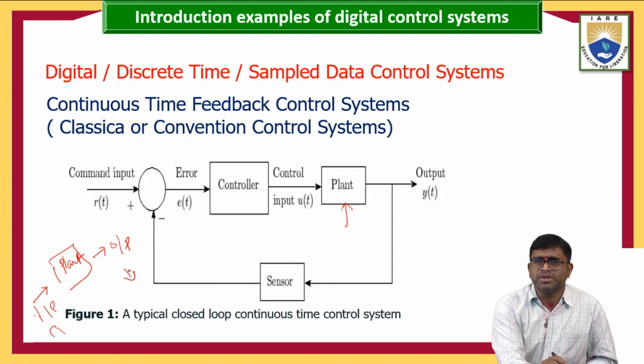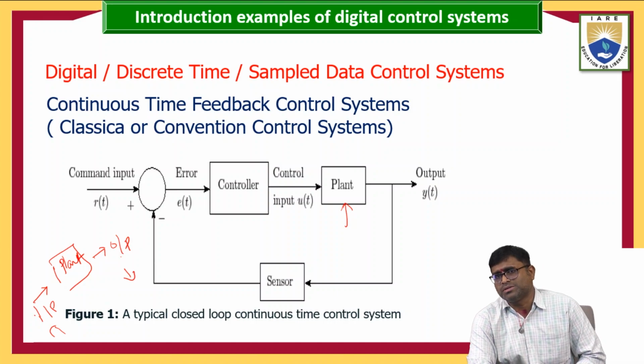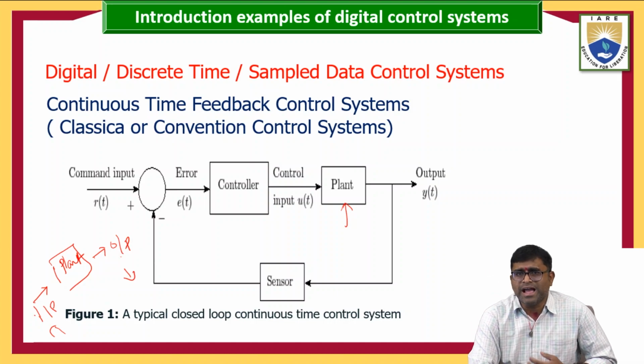If the exact output is not coming, we change the input values again, and that input data is given again to the plant or process system, so we get the output value. This type of system is called an open loop control system. There is no feedback in the open loop control system, so every time we change the input side for getting the exact output.